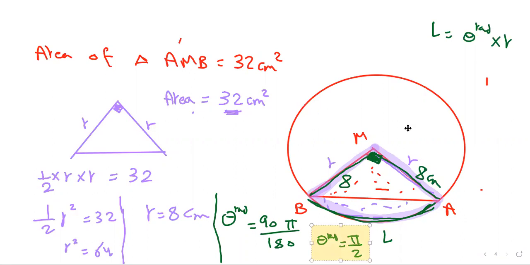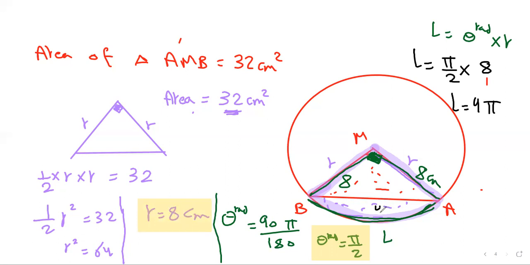And the radius is 8. So L equals theta radian times R, which is pi over 2 times 8. So L equals 4 pi.